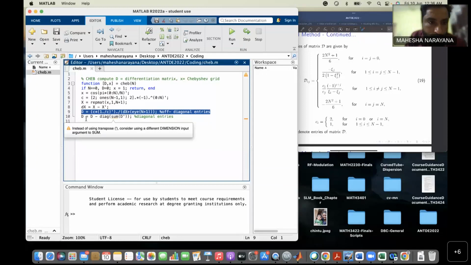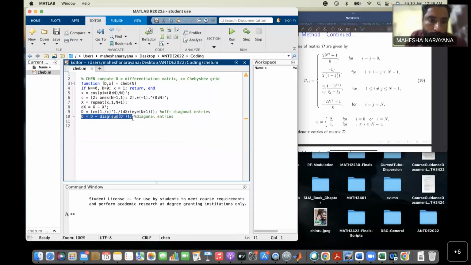So in this spectral matrix, the diagonal entry is the negative sum of the other entries in that particular row. So j going from 1 to n, j not equal to i.